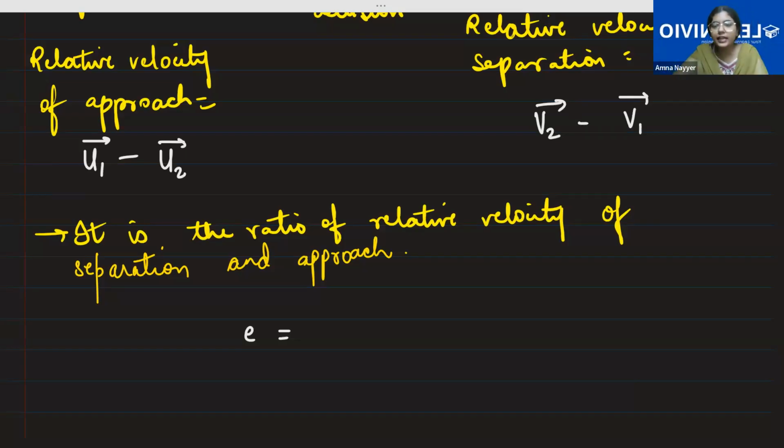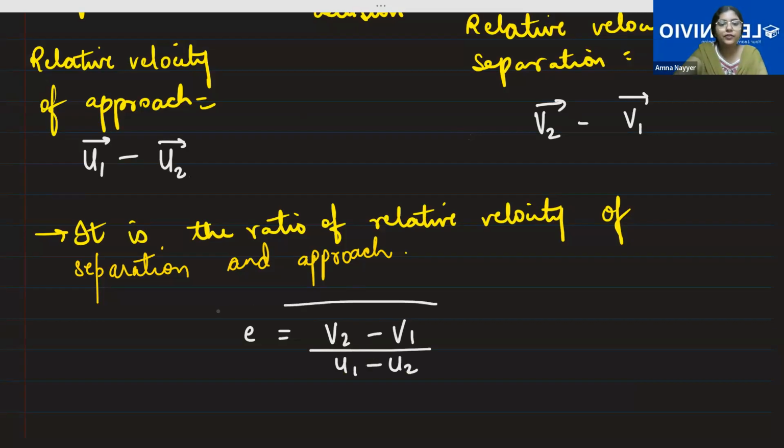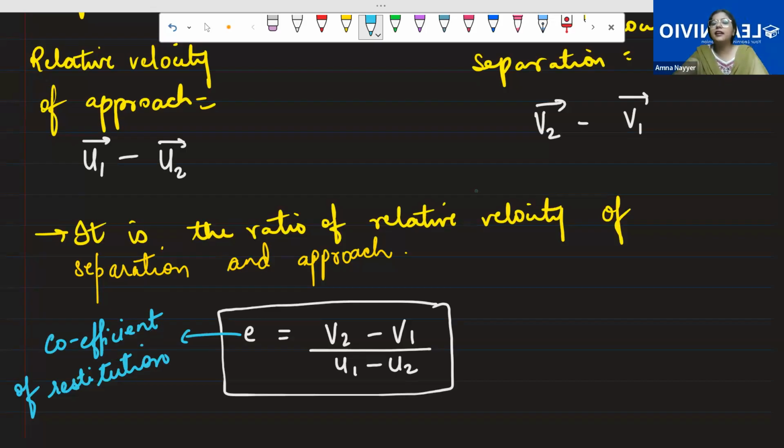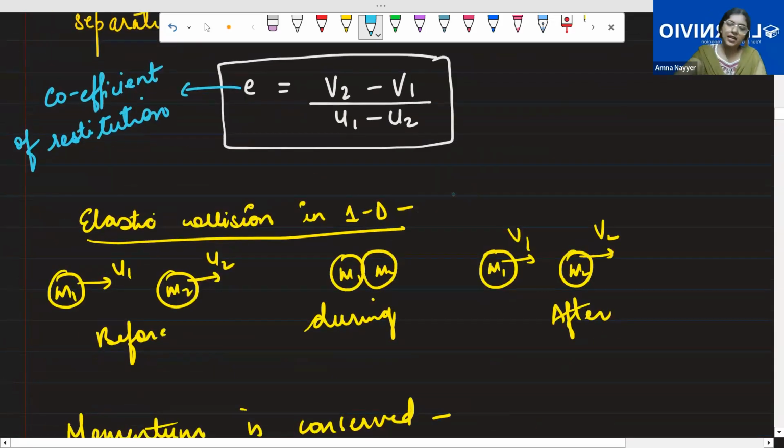Do you get this? Why it is u1 minus u2 and here v2 minus v1? Is this much clear? Yes, mom. Okay. So the coefficient of restitution is v2 minus v1 by u1 minus u2, and it gives us various data about different kinds of systems that are there.